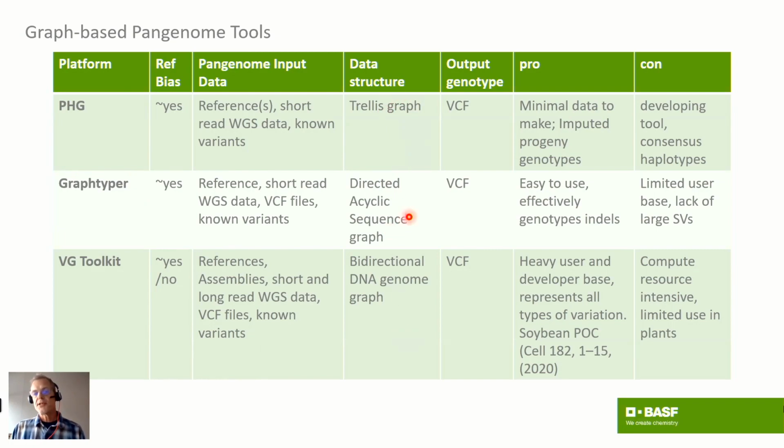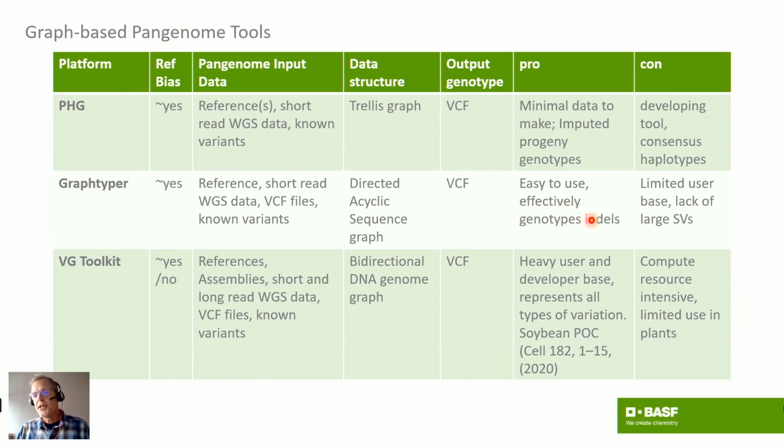Each of these tools has a different graph structure. They all put genotypes into a VCF file for downstream application, and then each has pros and cons. For PHG, it's minimal data to make, and it's currently being used for tools. The con is that it may oversimplify the information and compromise resolution.